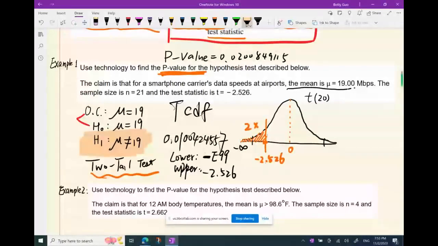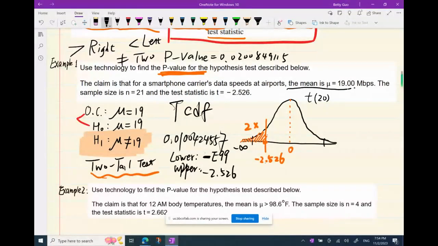If the alternative is bigger than, that's right tail. Always look at the alternative for the type of tail. If the alternative is less than, then it is left tail. If the alternative is not equal to, then that is two tail. So now let me answer your question. How do we know the alternative is not equal to, right?